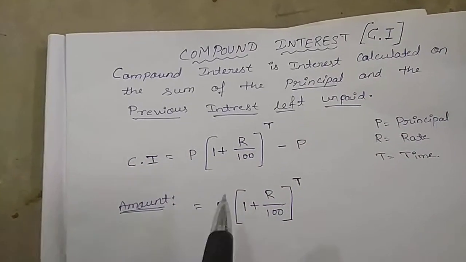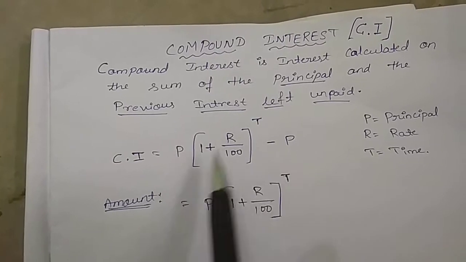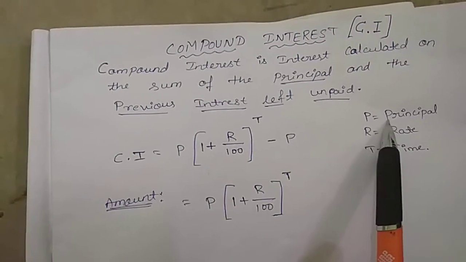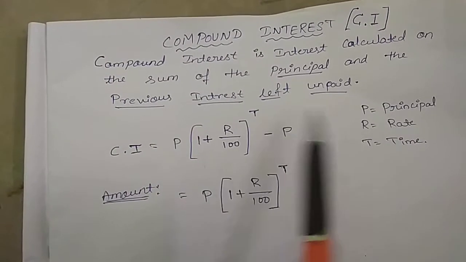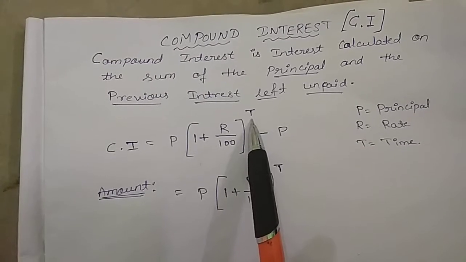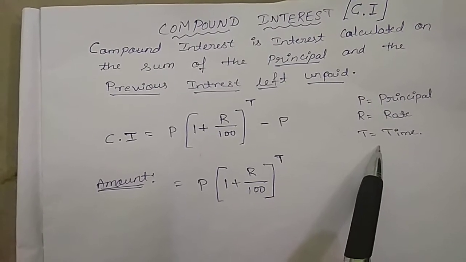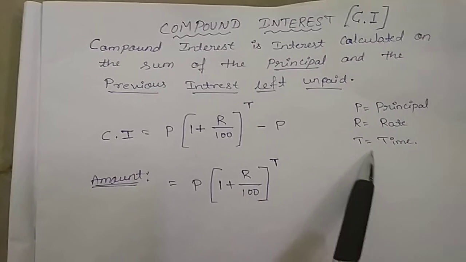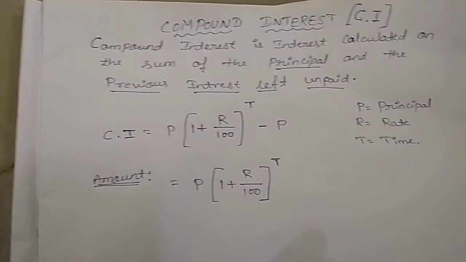Here both the P's represent the principal sum, R represents the rate of interest, and T represents the time or period given to calculate the compound interest.